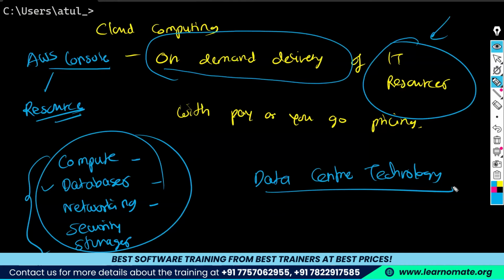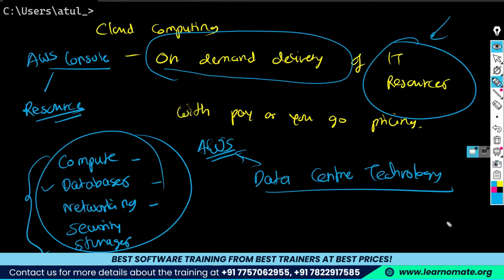So to work in the IT industry, the data center plays an important role. And this data center technology is now at your doorstep via AWS, that is Amazon Web Services.